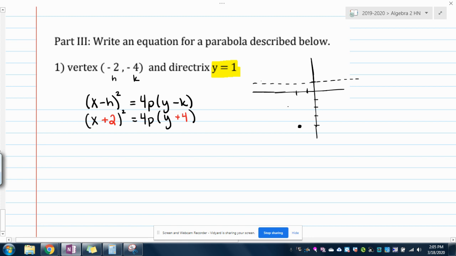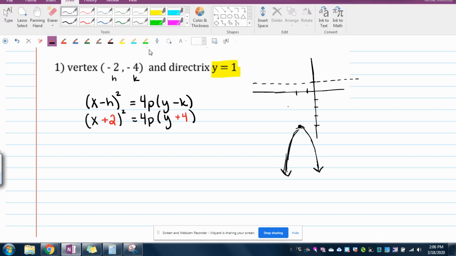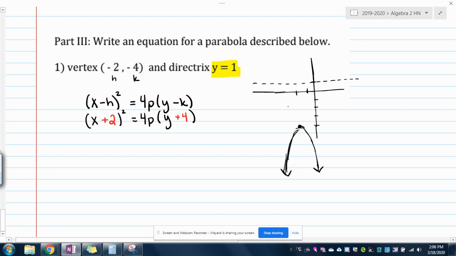And again, my directrix is always underneath my parabola, so that means my parabola is going to be facing down. The distance between negative 4 and positive 1 is 5, so p is equal to 5. But it's an upside down parabola, so p is equal to negative 5.